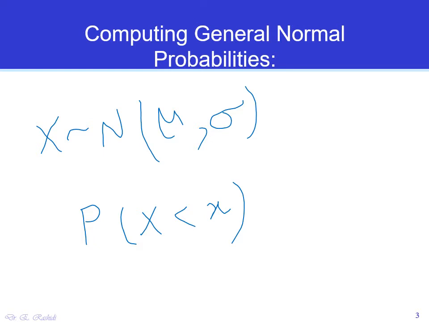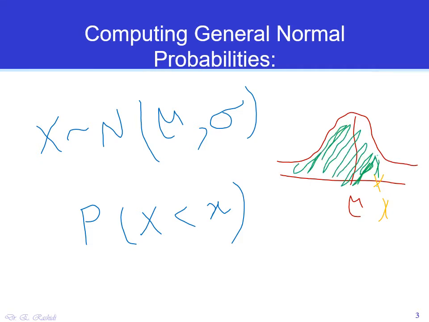If I plot the probability distribution of the normal, here we have the mu, and what we are looking for is, suppose X is here, then we have to find all this probability, which means the shaded area from negative infinity to a small value x right here.